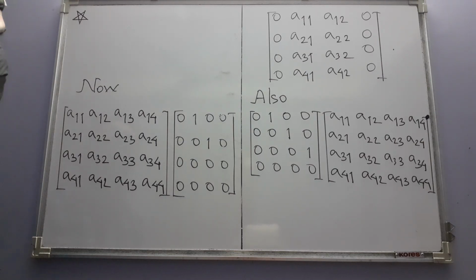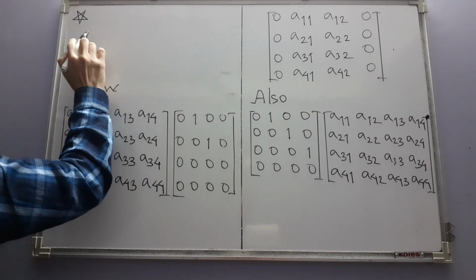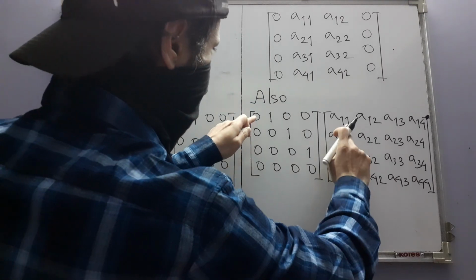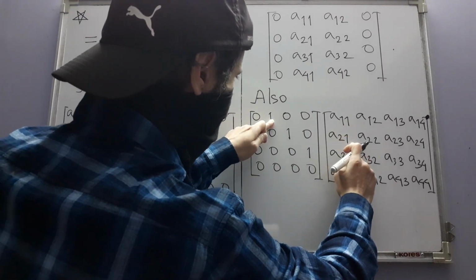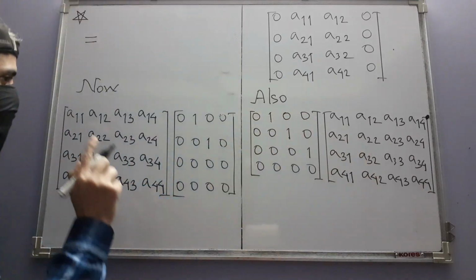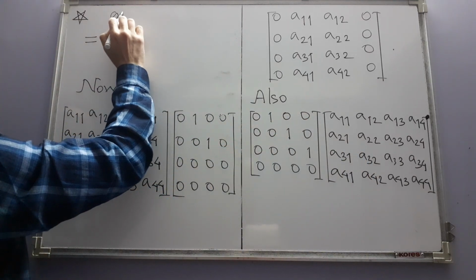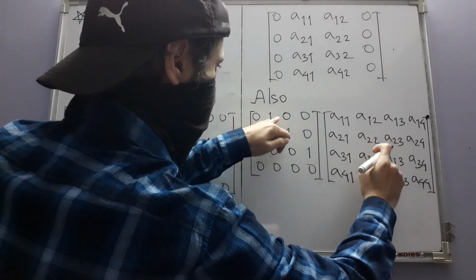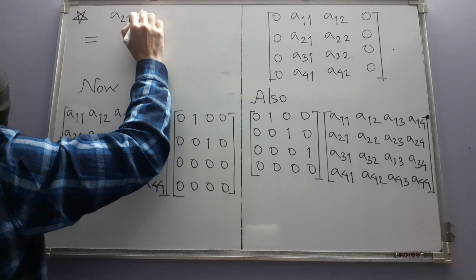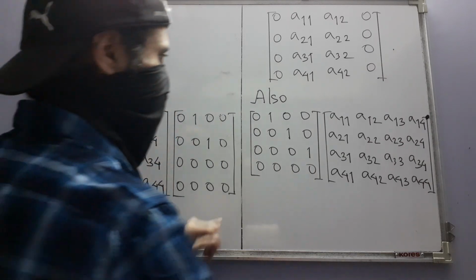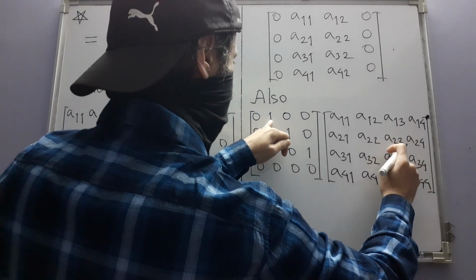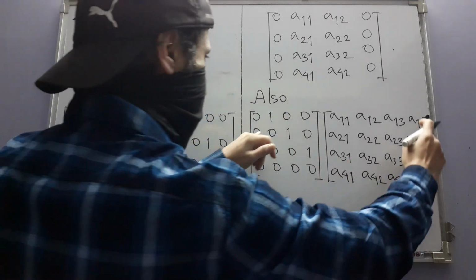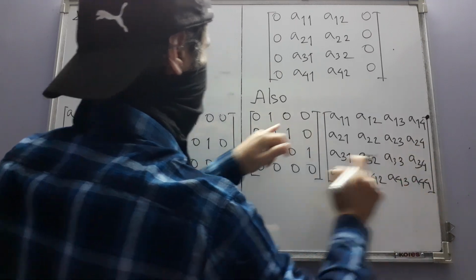So let me write the equality here itself. Again, 0, A21 and the other two are 0. So A21. 0, A22, the other two are 0. A22, 0, A23, then 0. Like that, 0, A24 and the other two are 0.